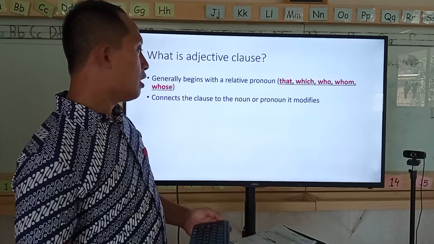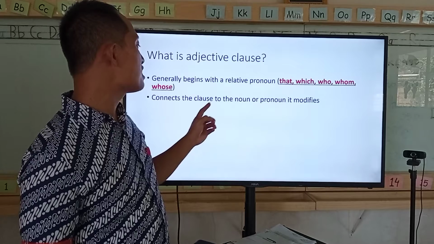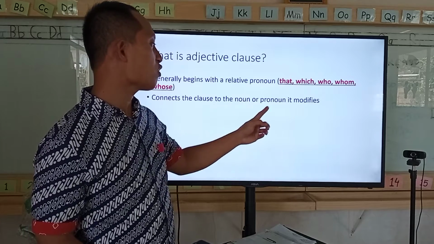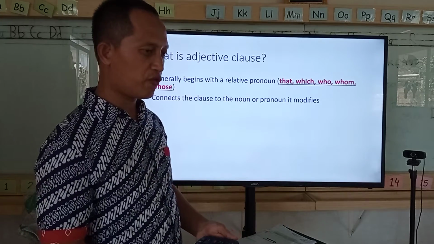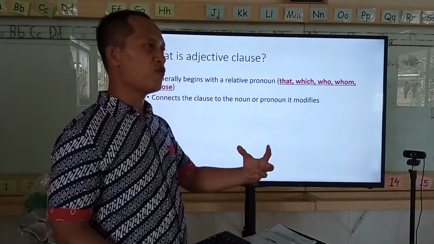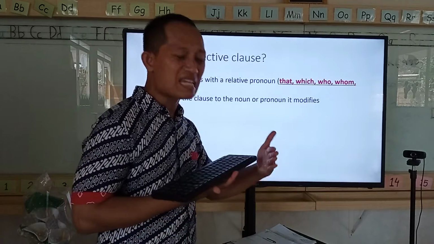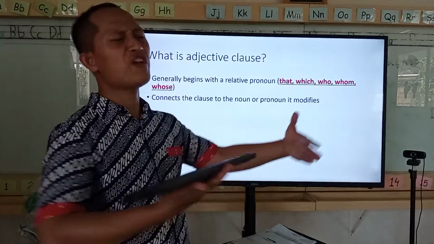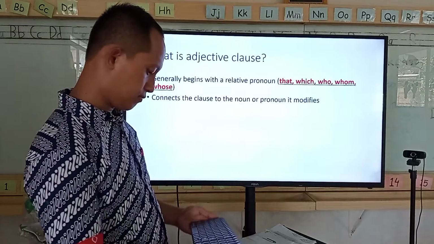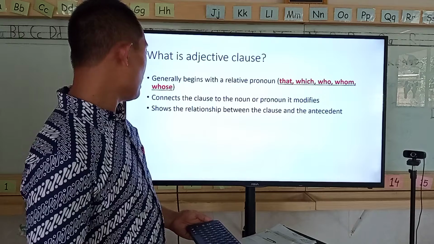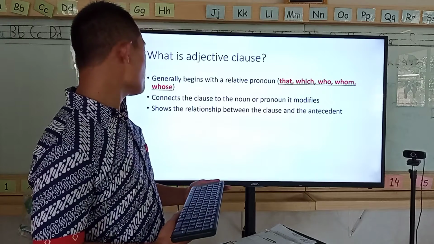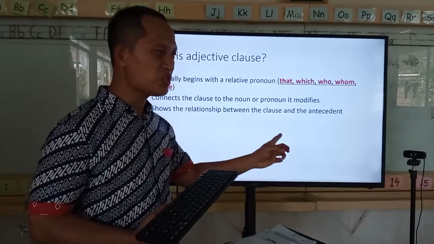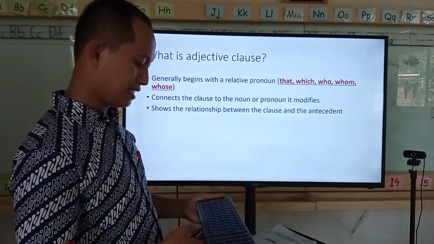An adjective clause also connects the clause to the noun or pronoun it modifies. Of course, like we discussed before, it sits right next to the noun or pronoun that it modifies. It cannot stay further away from this. It shows the relationship between the clause and the antecedent.